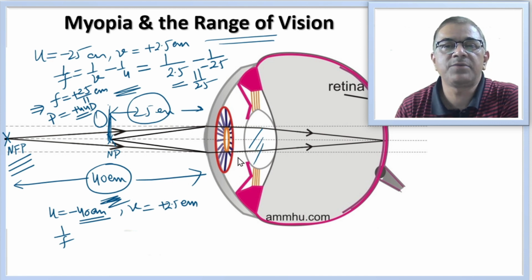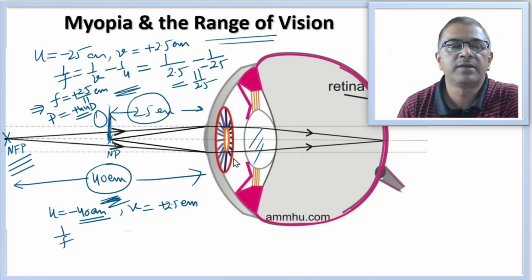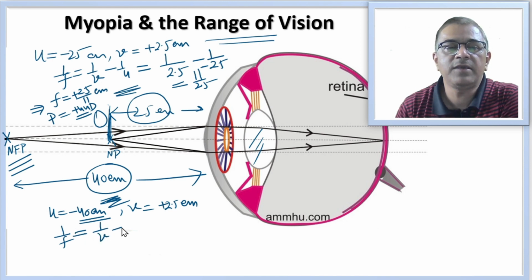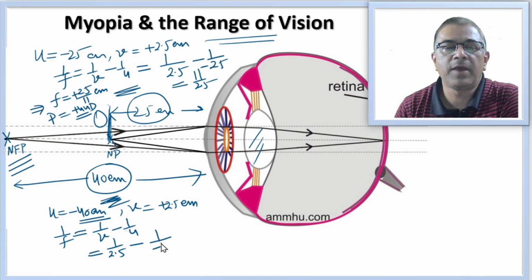We know that the ciliary muscles are not able to regain their original relaxed state, but they do regain a bit. So whatever they regain, corresponding to that, the focal length will be given by 1 by f is equal to 1 by v minus 1 by u, and this is equal to 1 by 2.5 minus 1 by minus 40. Let's take 100 as LCM.